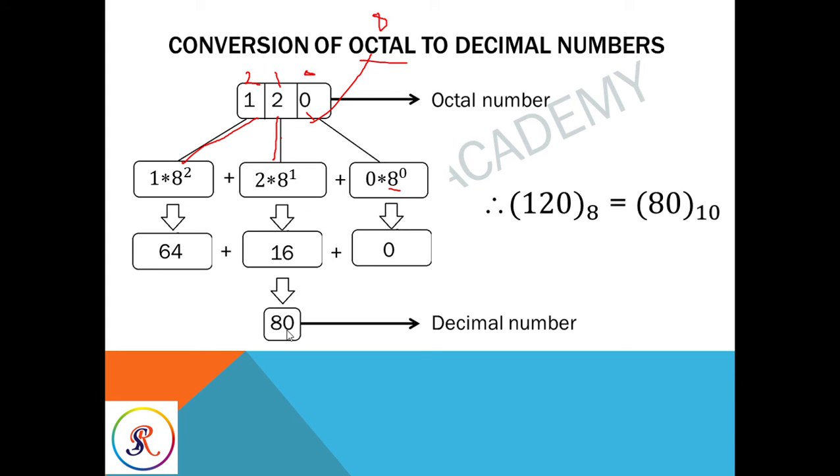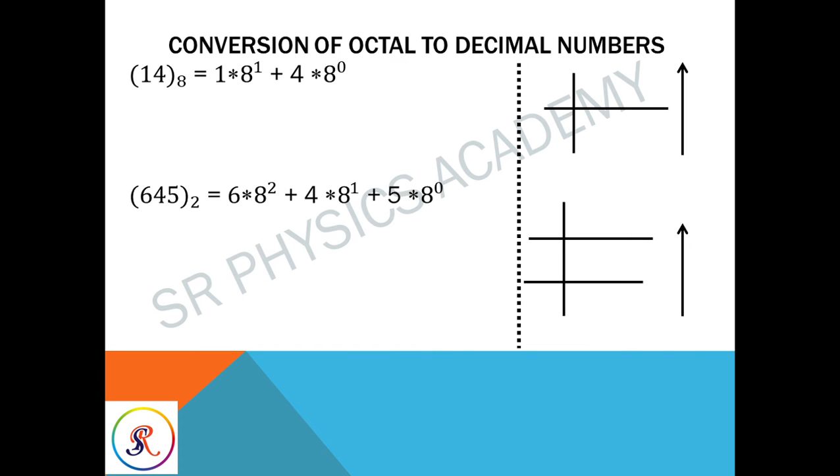Let's go to another example. So here I have taken 14 base 8. In this case, what do we have to write first? The digits, so 4, 1. After that we know the power starts at 0 from right to left. So we know the base is 8. So this is 4 into 8 raised to 0.